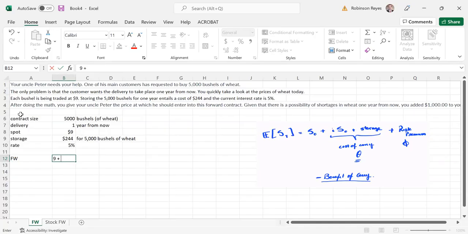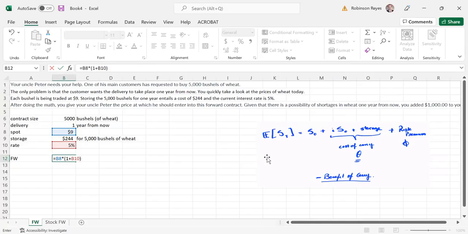But we can just simplify it and say $9, and then multiply this by 1 plus the 5%, right? So now we have the financial cost covered according to this formula. Now let's add the storage. We have a problem because the storage is given for all of the 5,000 bushels of wheat. So let's leave that for the end.